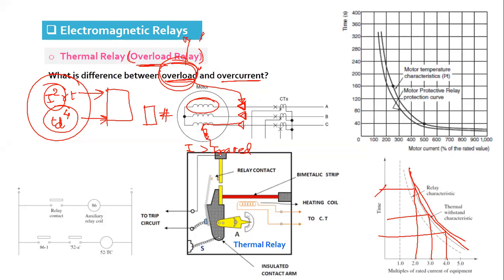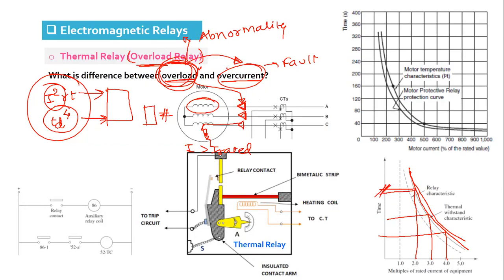So overload is an abnormality, we can say. Overcurrent is a fault condition. If the overload is not detected before the capacity which the equipment can withstand is exceeded, it can result in a fault.